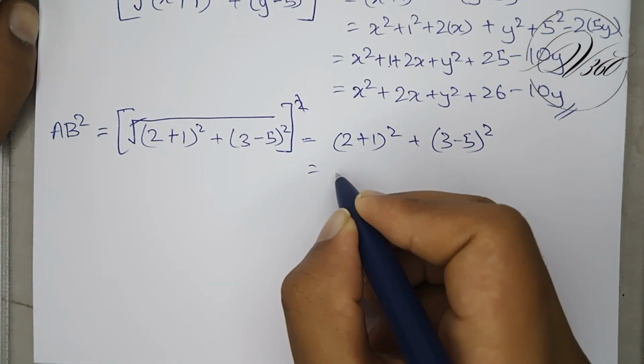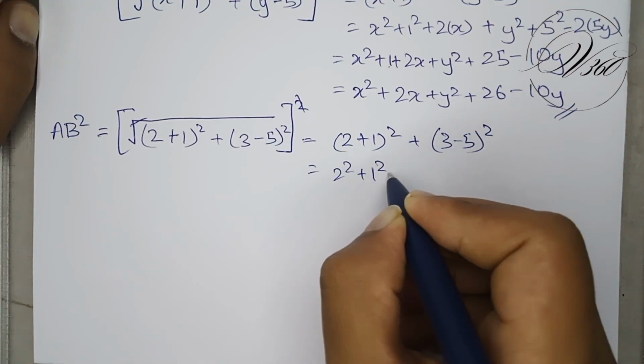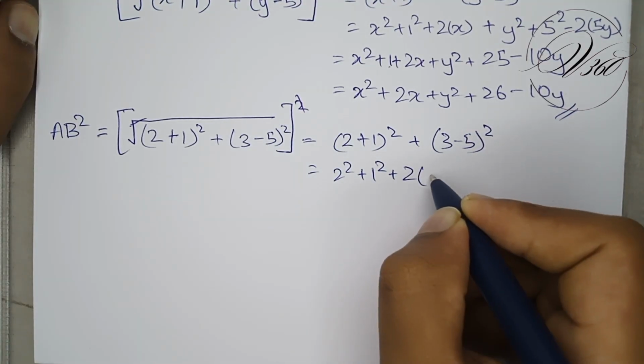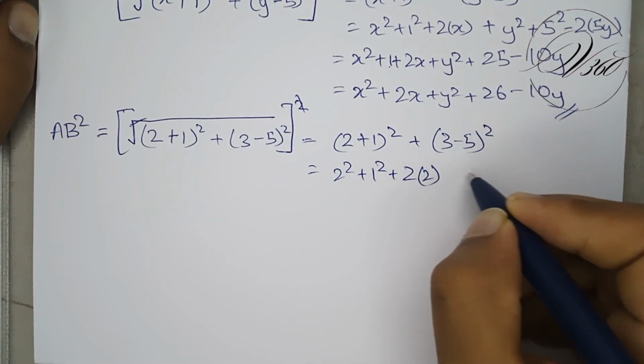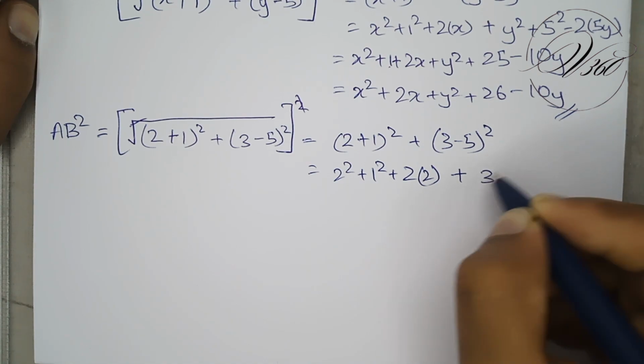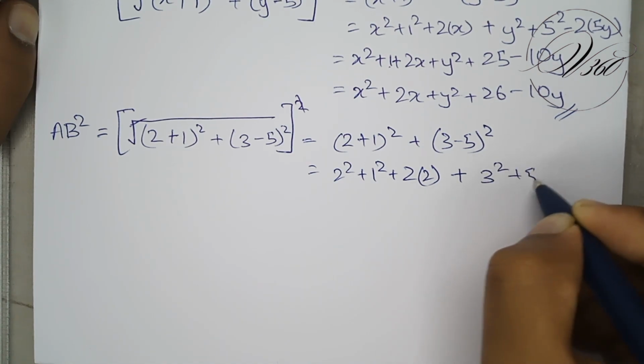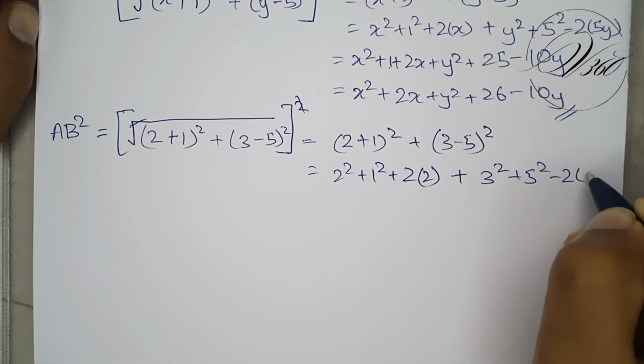Now here 2 square plus 1 square plus 2 of 2 into 1 is 2, plus 3 square plus 5 square minus 2 of 3 into 5, 15.